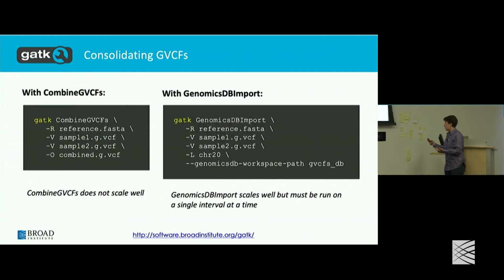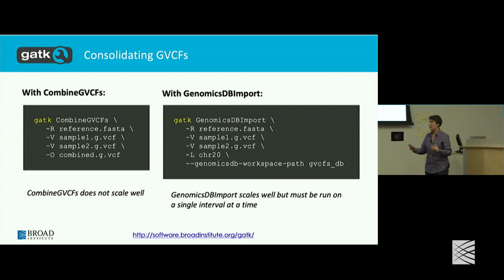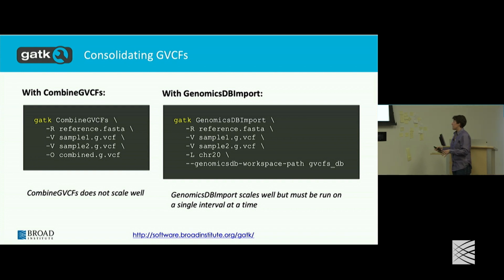These are the commands that you provide. They're fairly straightforward. With CombineGVCFs, you would just give the GVCFs along with the usual reference and produce the combined GVCF. With GenomicsDBImport, you will actually give your GVCFs as well.